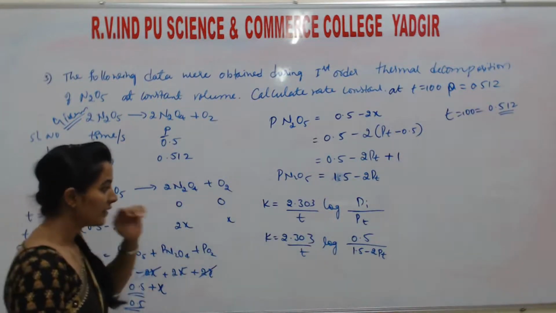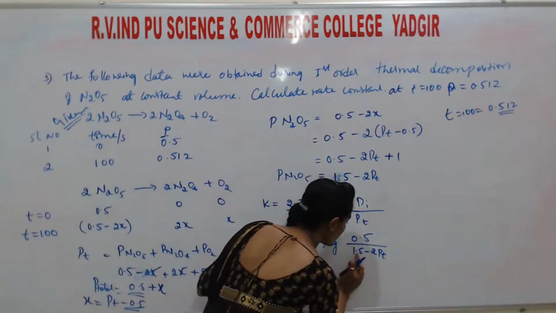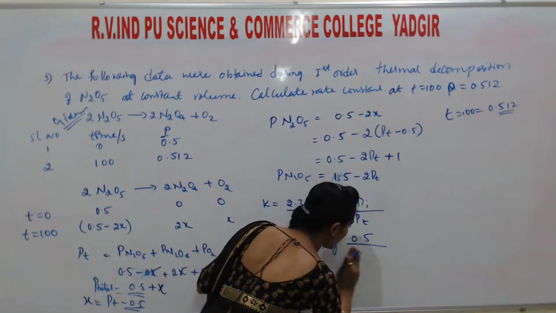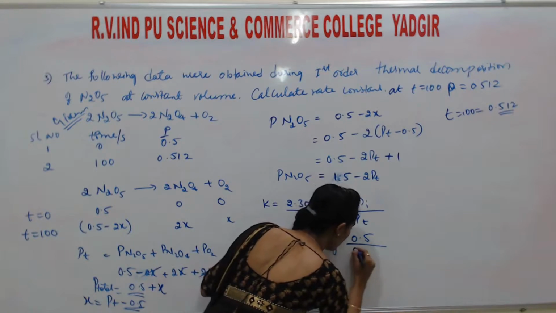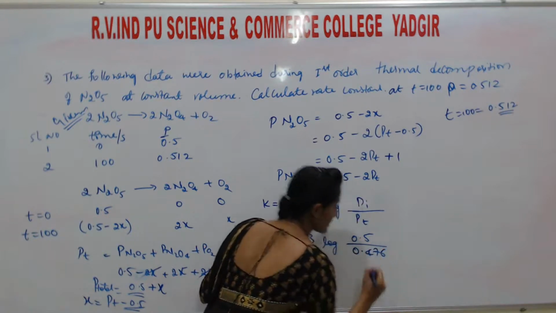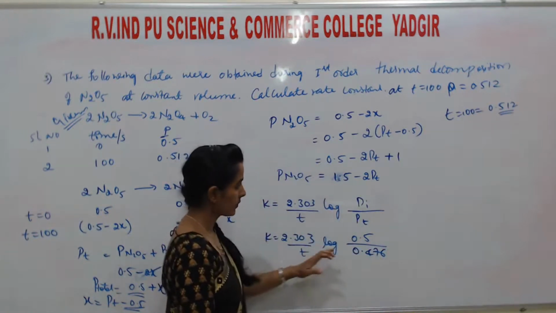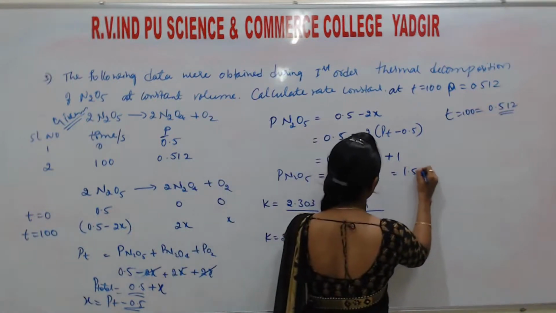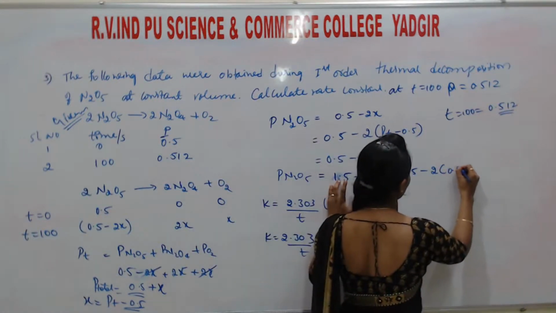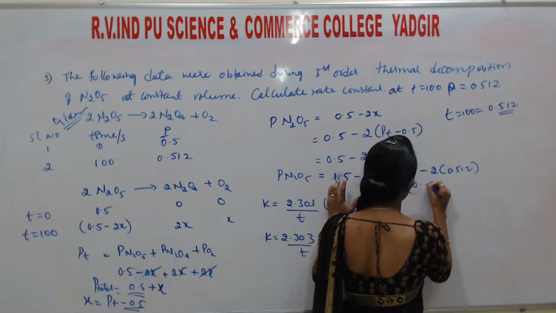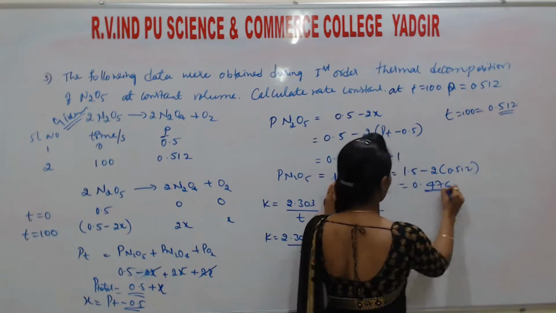Okay, sorry. Then if you do 1.5 minus 2 into 0.512, you get 0.476.